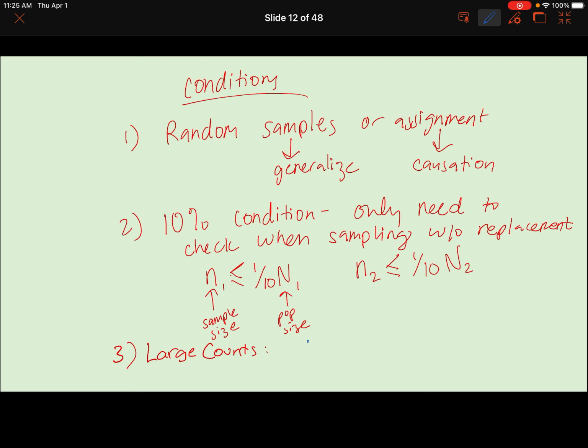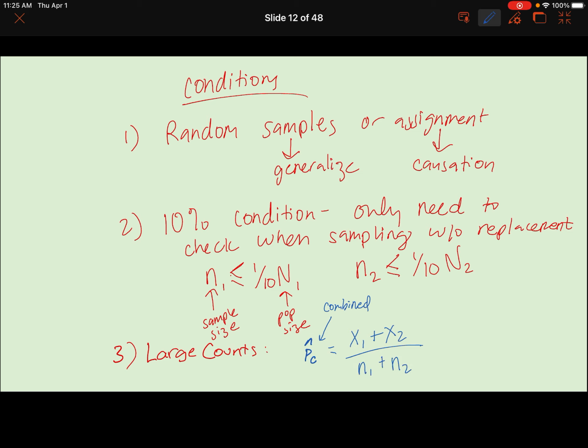I'm going to write that as p hat c, and that stands for combined. So to do that, you are going to figure out the combined proportions, like if you're combining both of your samples together. So I'll show you what this looks like in a bit. But basically you're just going to lump everyone together.